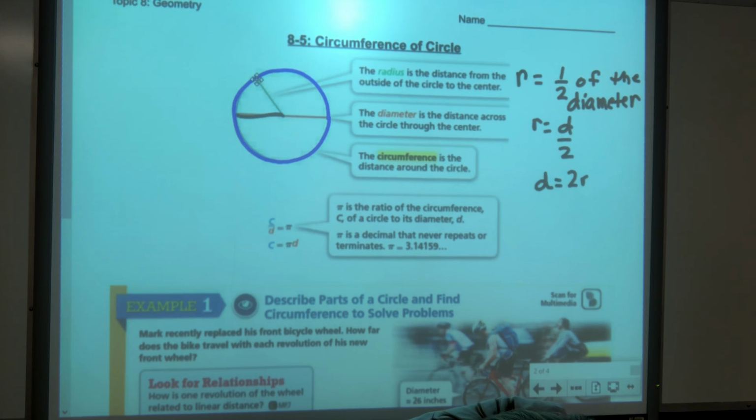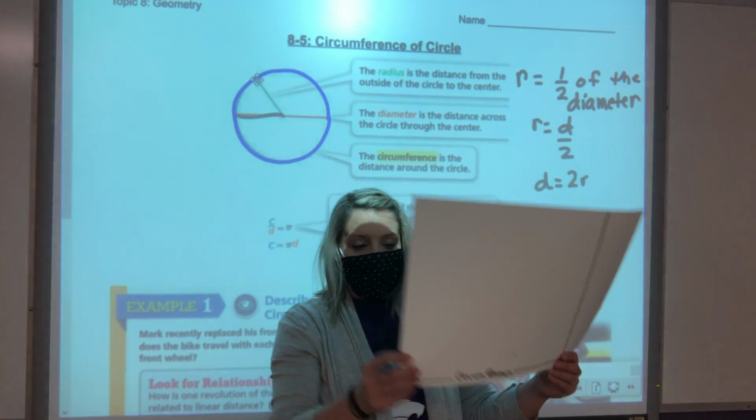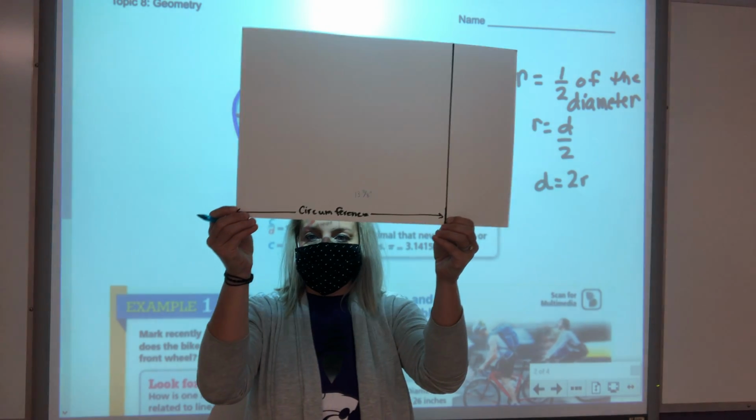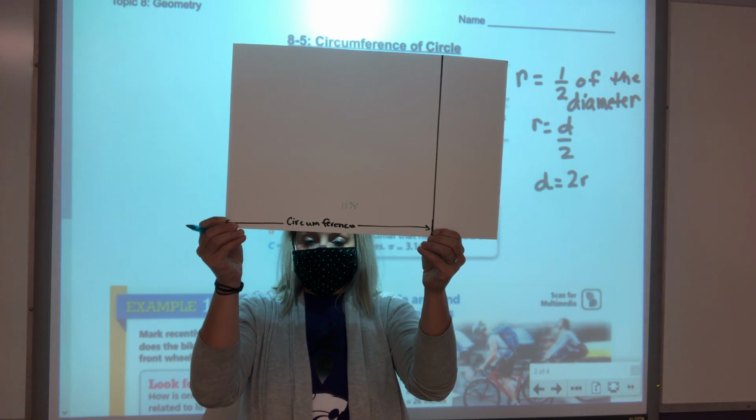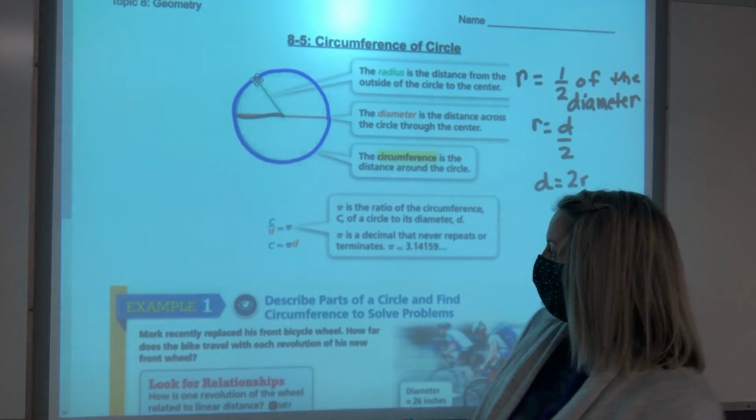So that's 13 3/8 inches. Does that make sense to everybody? Okay. So the distance around my circle was 13 3/8 of an inch. Okay, so that was the circumference. That's the value all the way around.